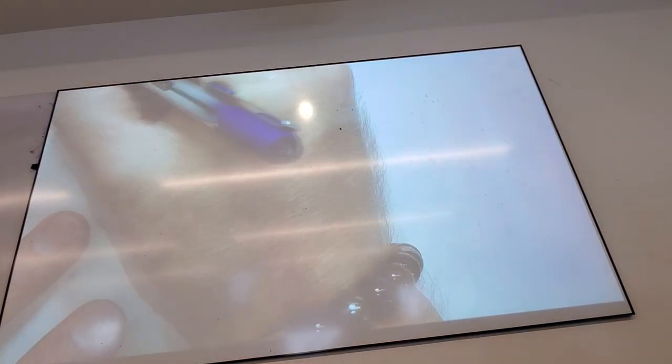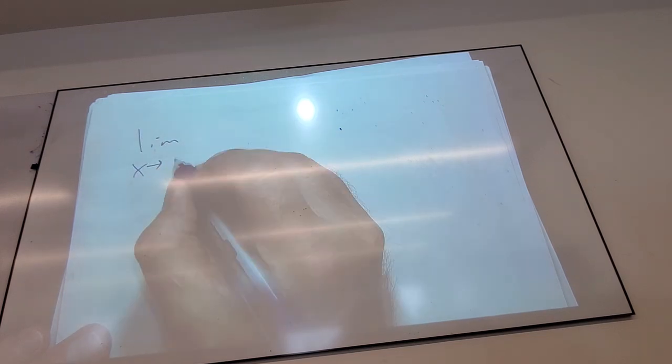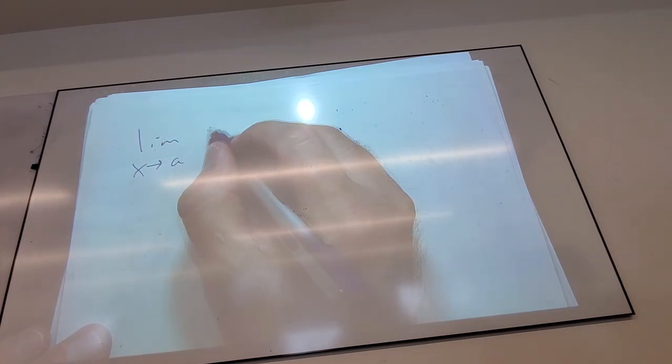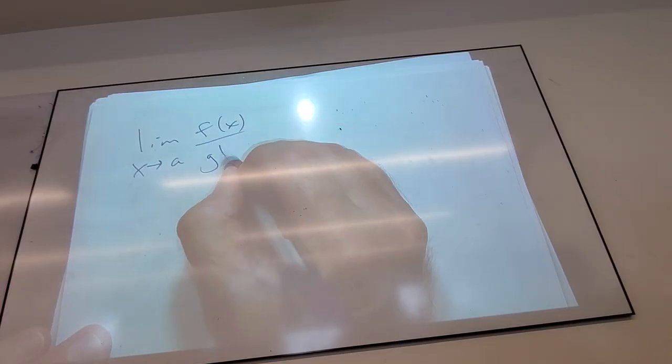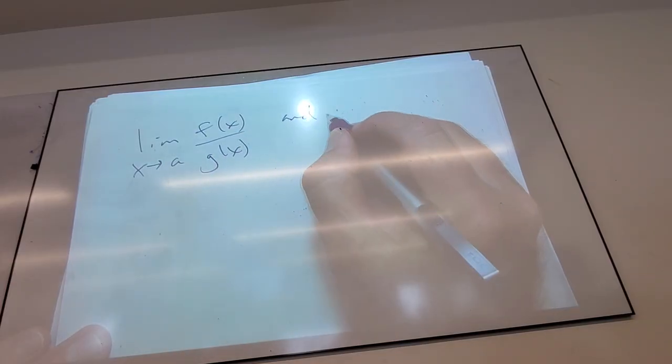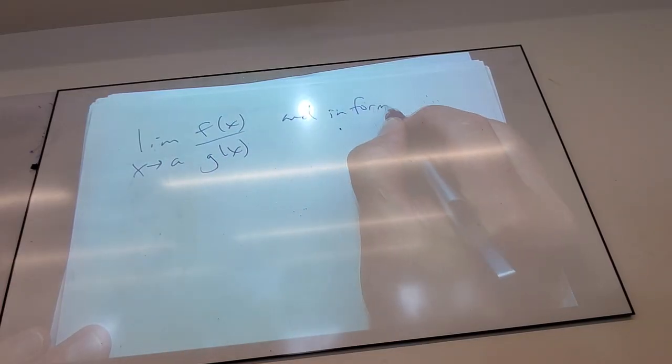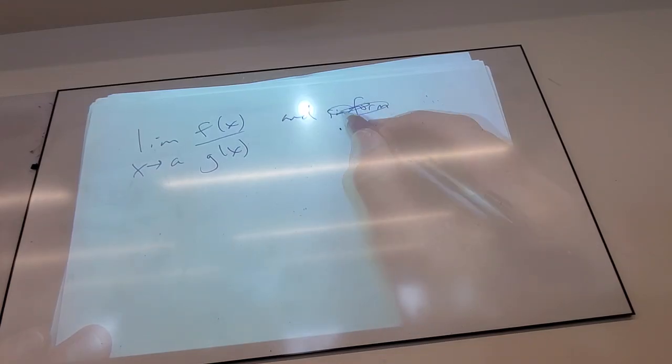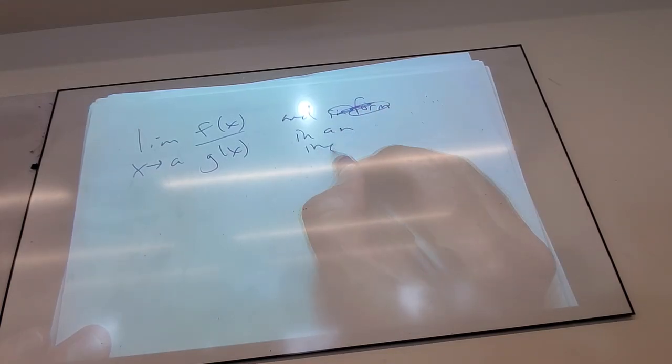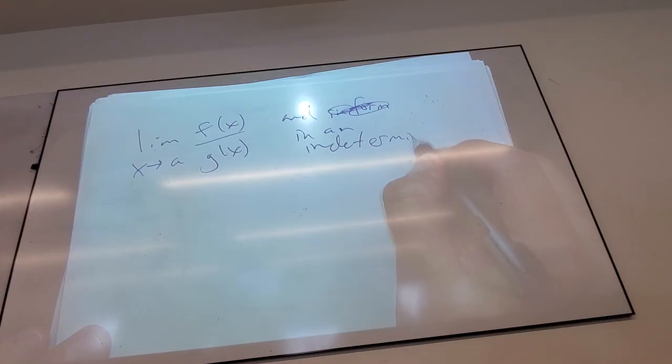So last time, if you weren't here, I did a remarkably quick, I don't know if I'd go so far as to say proof, but it is a rough proof of L'Hôpital's rule. Just to run it down very quickly, if I have the limit as x goes to something of a ratio, and it is in an indeterminate form, because we're going to learn some more indeterminate forms today.